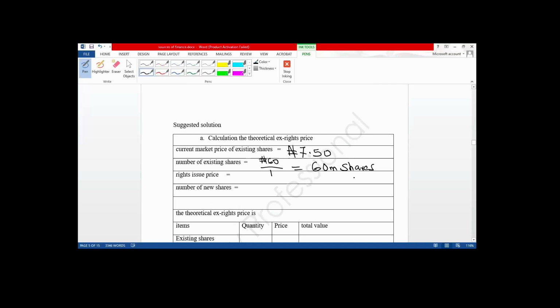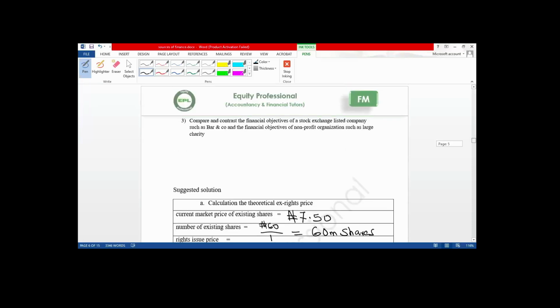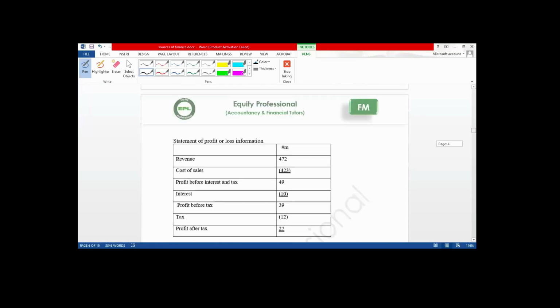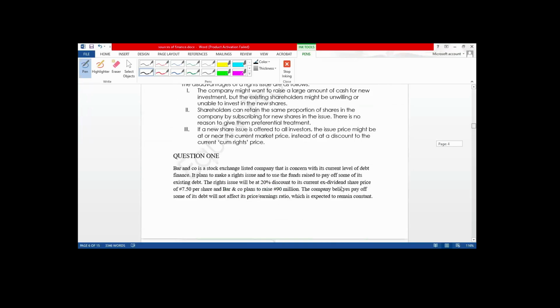Next, what is the rights price? What is the issue price in that rights issue? Come to the question. The examiner says the rights issue will be at 20% discount.